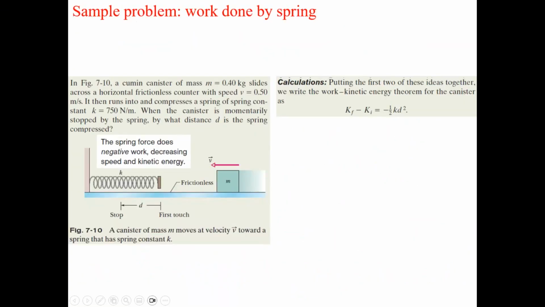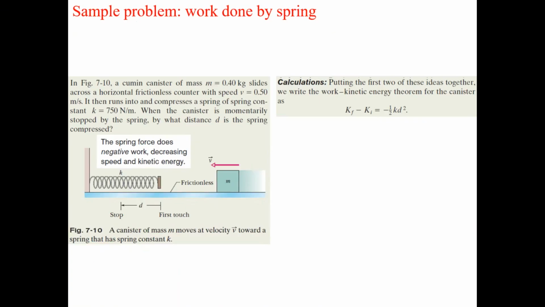Let's check an example. So here I have this canister of mass m equals 0.4 kilograms. It slides across a horizontal frictionless counter with speed v equals 0.5 meters per second. And then it runs into and compresses a spring with constant k equals 750 newtons per meter.